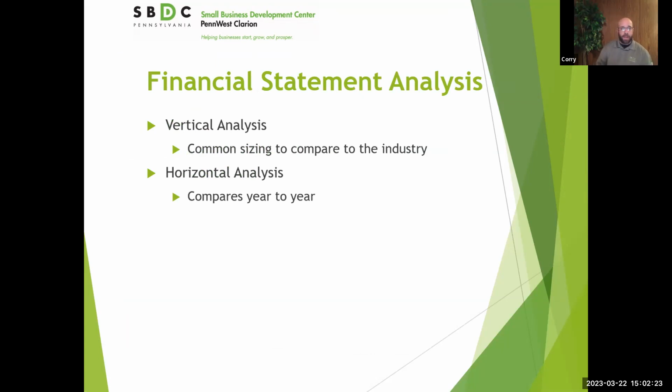There is the vertical analysis, which is common sizing your business to be able to compare yourself to the industry. So I might say that when looking at a restaurant and looking at their cost of goods sold, maybe my client has a cost of goods sold percentage of sales of 55%.